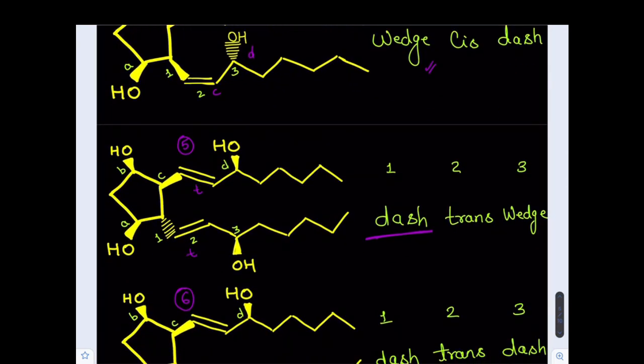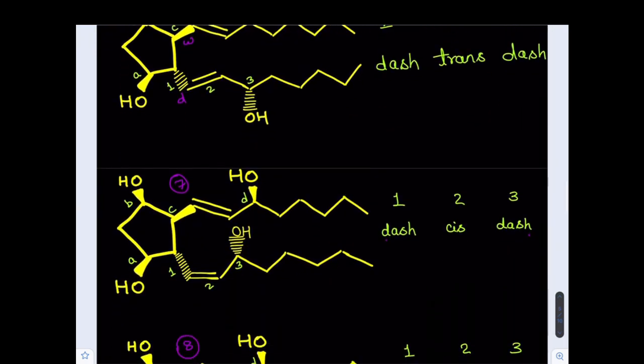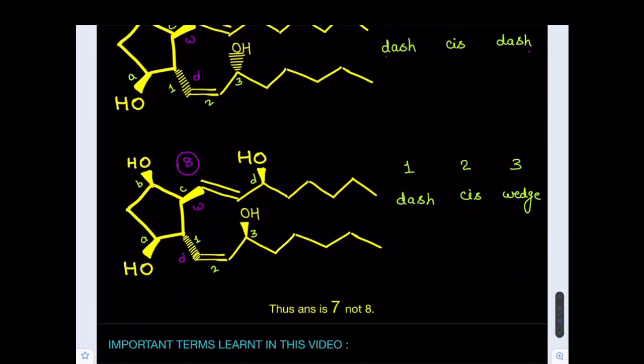Trans and trans, but wedge and dash. So this cannot have a plane of symmetry. Wedge and dash. Any difference on the 2 sides will end up closing the discussion on POS, plane of symmetry. Wedge and dash. Gone. Wedge and dash. So we had 8 isomers drawn, but out of this only 7 are optically active. So the answer will be 7.